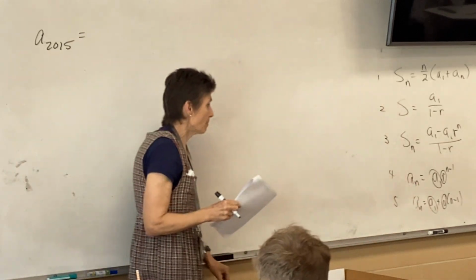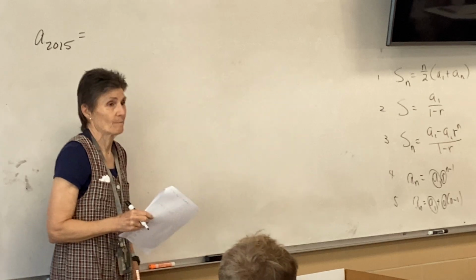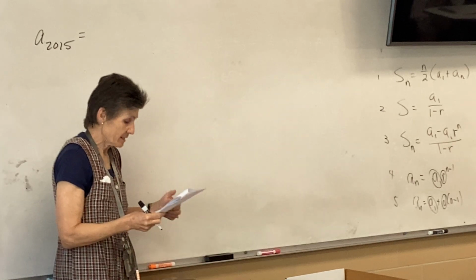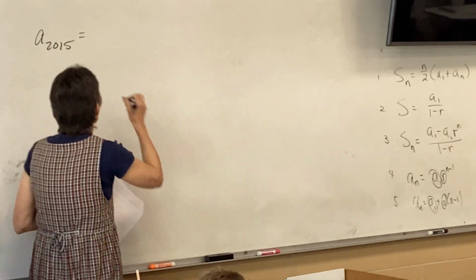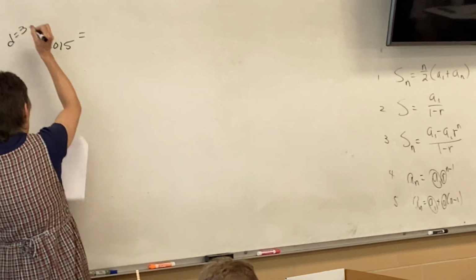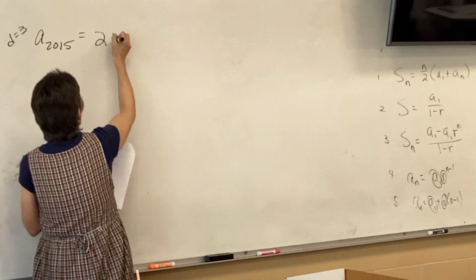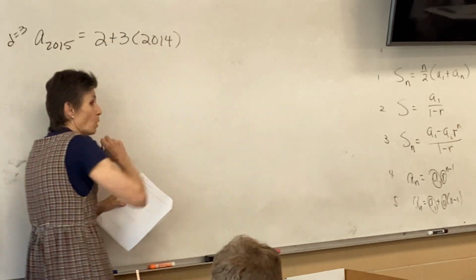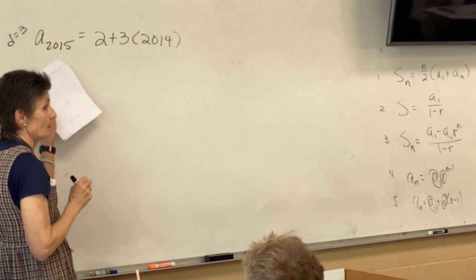How do you know it's number 5 and not number 4? It's arithmetic. The common difference is 3. So first term plus common difference times 2014 minus 1.